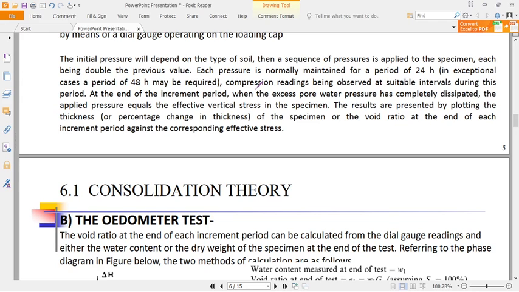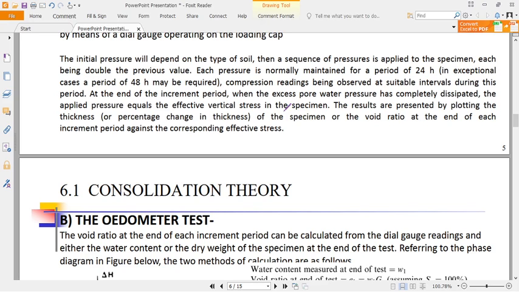The compression readings may be observed at suitable intervals during this period. At the end of the incremental loading, when the excess water pressure is completely dissipated, the applied pressure will be equal to the effective vertical stress in the specimen.